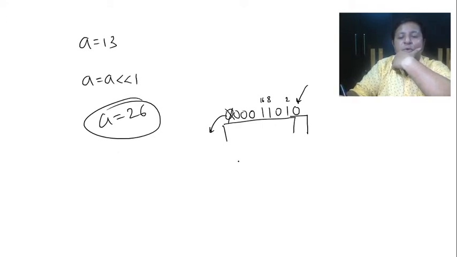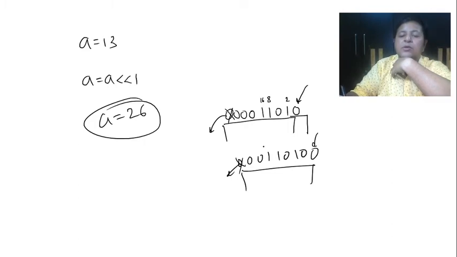If I roughly show you, let's say we have 26 now. If I again do left shift by 1, this 0 falls down again, and there will be a space for one more 0. So it's 32 plus 16 is 48, plus 4 is 52. So a is going to be 52.